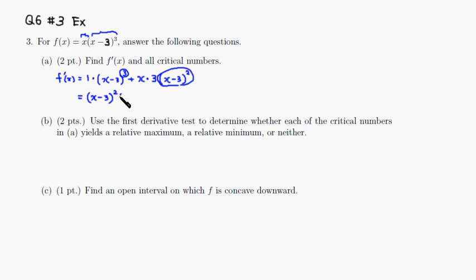Then we collect the leftover terms. 1 really doesn't do anything, so you have x minus 3, then you have plus 3x, which is going to be equal to quantity x minus 3 squared. Then you have, let's see, x plus 3x, so you have a 4x. Then you have a minus 3.